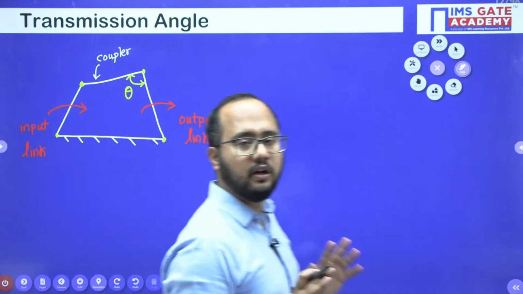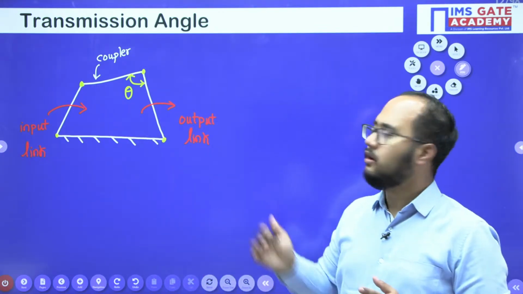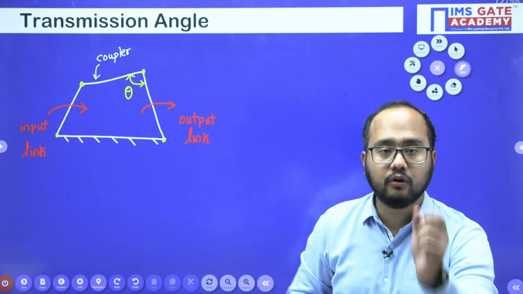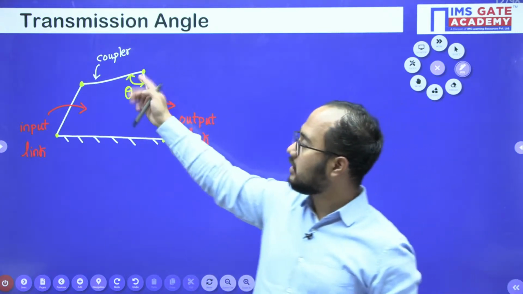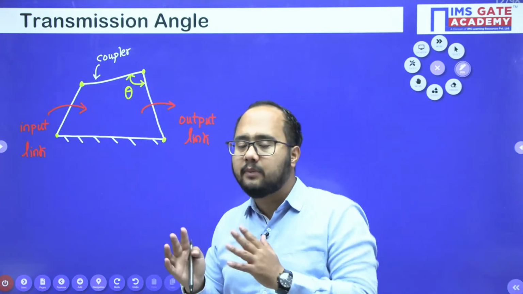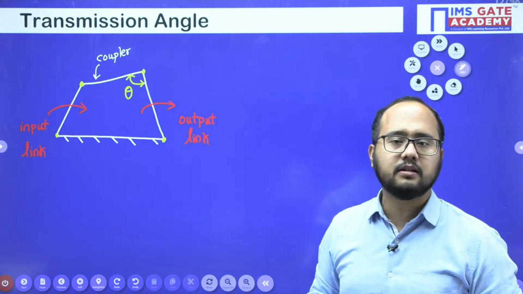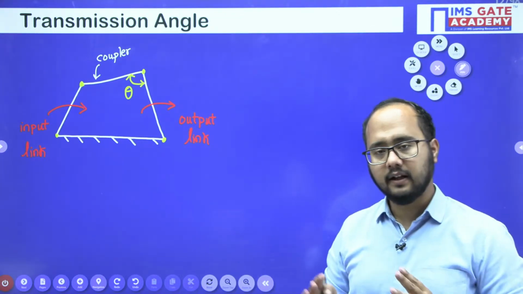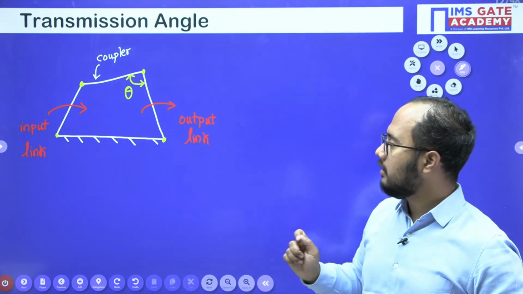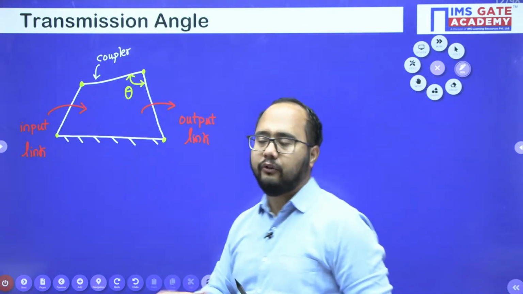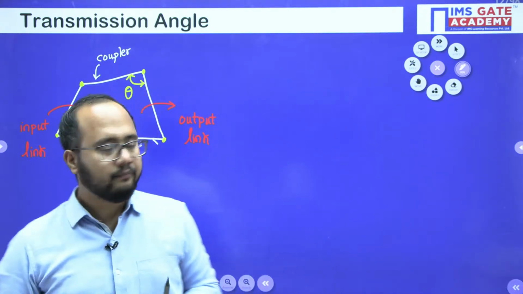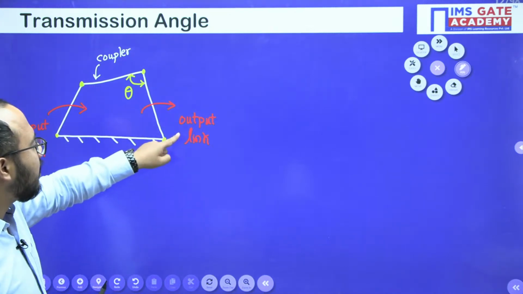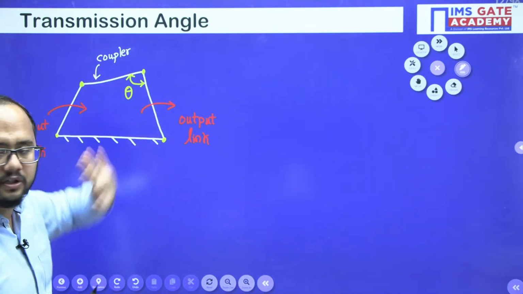Always remember this point: whatever configuration is there for the 4-bar mechanism, you have to look for the output link, you have to look for the coupler, and whatever the angle is between them, that particular angle is known as the transmission angle. Clear, everyone? This point you should remember, whatever kind of configuration they have given to you. So the angle between output link and the coupler is the transmission angle.